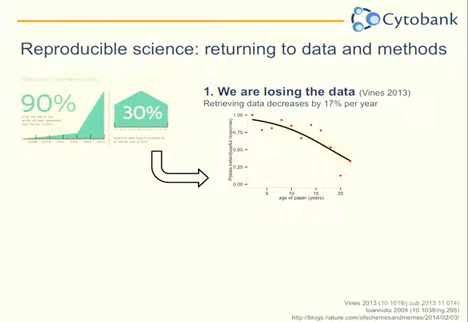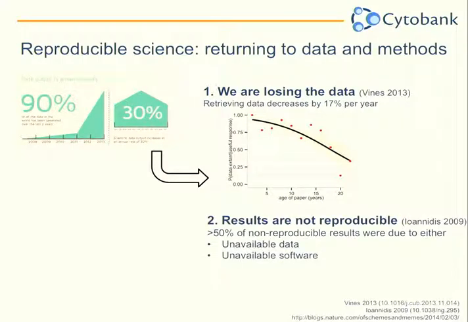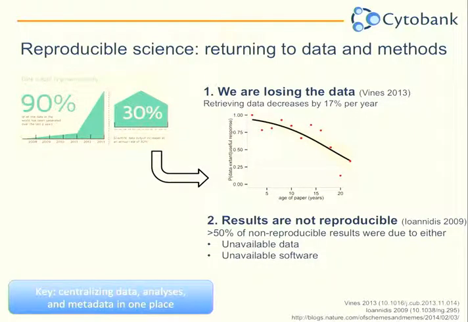Currently, we're decreasing at approximately a rate of 17% per year. And even for those where we can still find some of the original information, the results are not reproducible. More than 50% of non-reproducible results were due to either unavailable data or unavailable software. And so the key is centralizing the data, analyses and all of the meta information in one place.